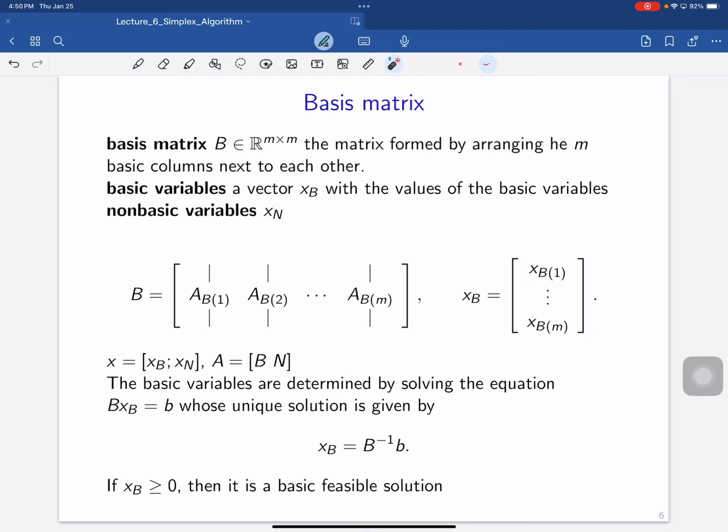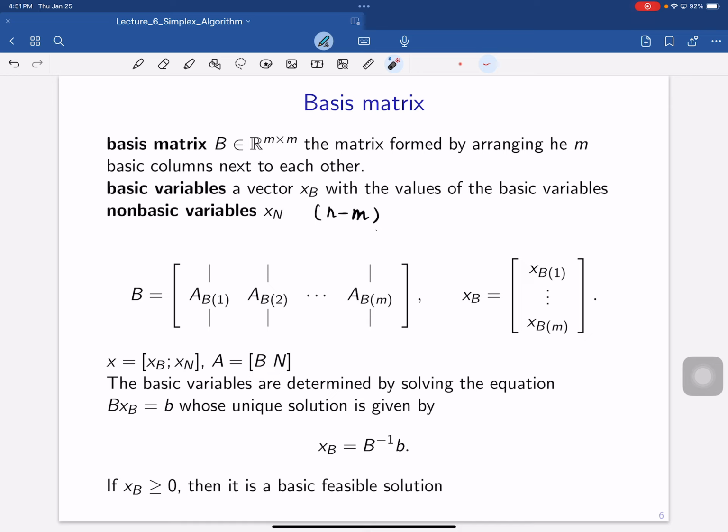The basic variables are the vector x_B, a subset of the variables which we did not intentionally fix as 0. The x_N variables have dimension n minus m. The non-basic variables are the variables you fix as 0.